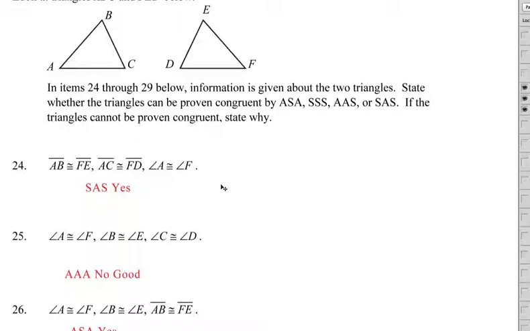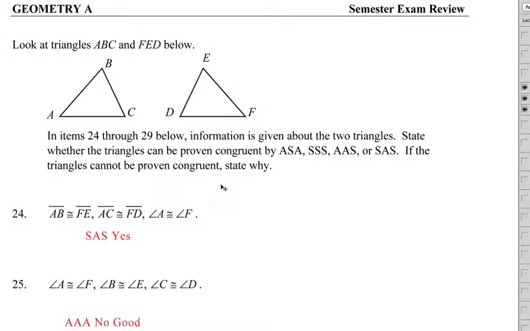Okay. So we got ACFD, right? That's this side. And BC, ED. So you can see it's side, right? Another side, but not this angle. It's the other angle, right? It's B and E. So they're not all together. This is called side-side angle. And that is not good. Okay, you cannot use side-side angle. It will not work.